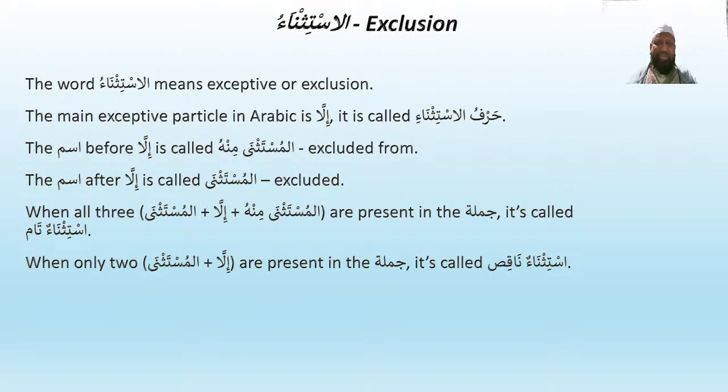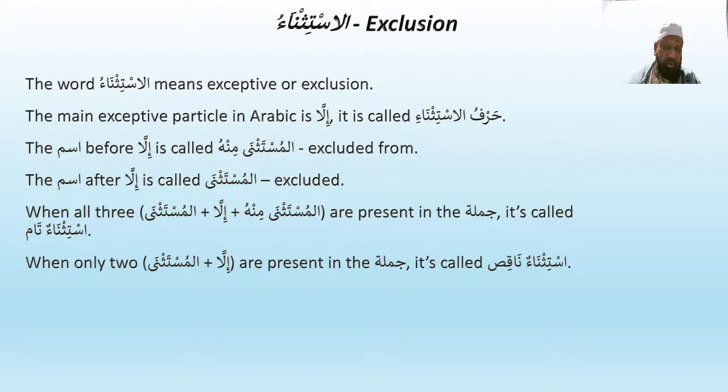Quickly, what is istisna? We've learned the istisna means the exclusion or exception, and the main particle of exception or exclusion is illa, and it is called harful istisna. The ism before illa is called al-mustathna minhu, because we want to exclude something from something.